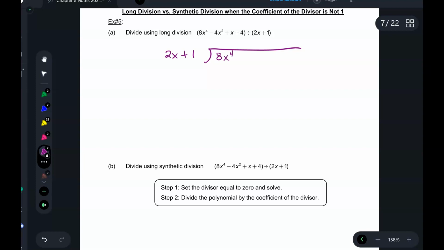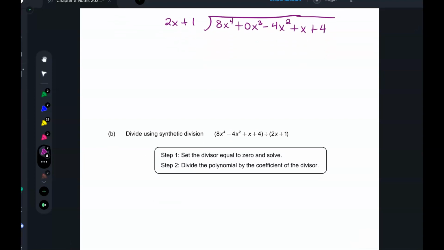Now, I haven't done one of these where we're missing a term. It goes from x to the 4th to x squared. So I'm going to put a plus 0x cubed minus 4x squared plus x plus 4. Now I'm just going to show the setup because we're running short on time.